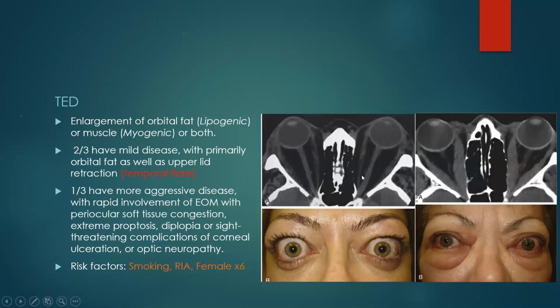As you can see in these two pictures, both of them are for thyroid eye disease, and both of them have large proptosis, but the CT you can see is different.